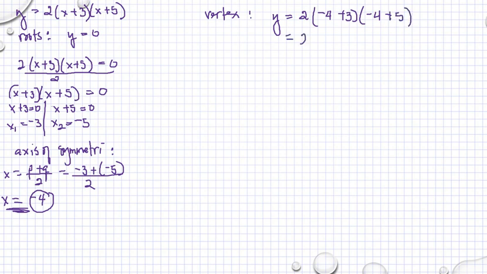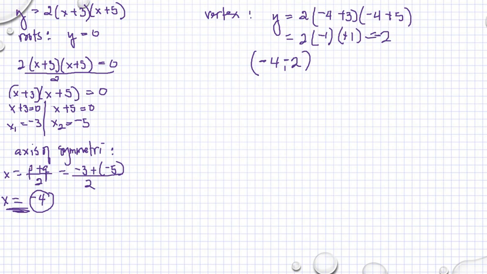Then we have 2 times negative 1 and 1, which is negative 2. Negative 4 and 2. No, there's something wrong there. Then we have negative 2. So negative 4 and negative 2.